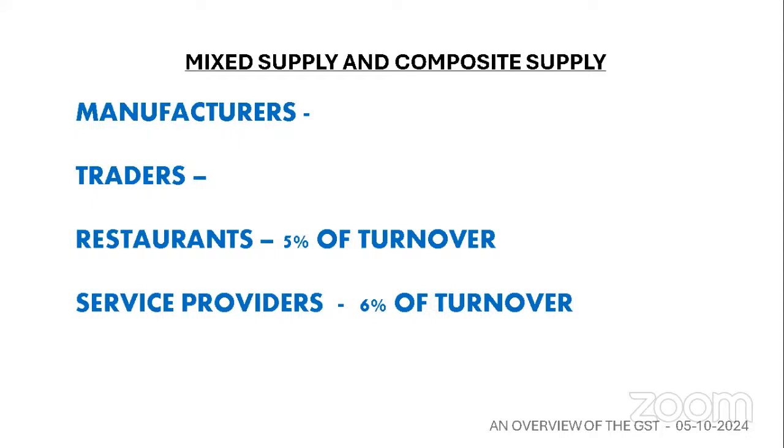The highest rate applicable for one product in the bundle is the tax rate for the entire 1000. Whereas in the case of idli, chutney, and sambar, the principal supply is idli. Therefore, the tax rate applicable for idli will be levied for that entire supply, that is, composite supply.